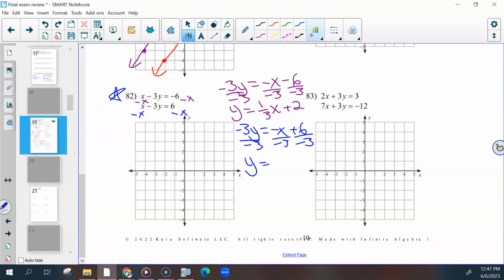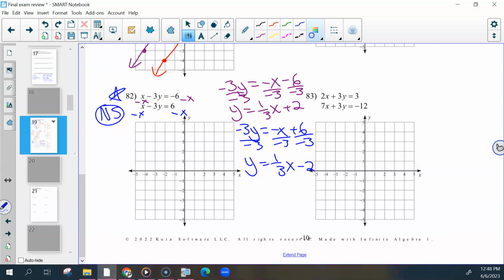The second one would be positive 1/3 x minus 2. These again have the same slope, so they'll be parallel lines, so it'll be no solution. But we still have to graph it.